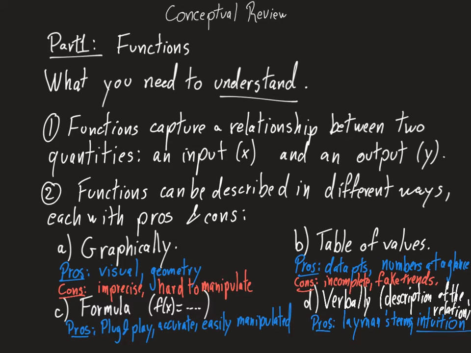Just because you have a table of points from a function, that doesn't mean that what's going on in between those points is following the same trend as the points themselves. So if you have a small table of values, or maybe somebody cherry-picked the points from a function, they can actually use this to mislead you about what's going on, right? Because you don't know what's going on between points, tables of values can sometimes be misleading or make you think that there's a trend going on that doesn't actually exist.